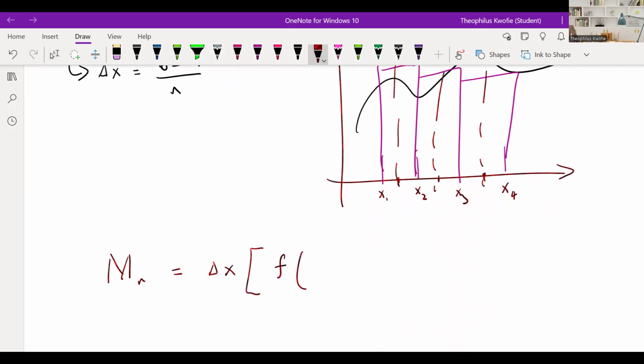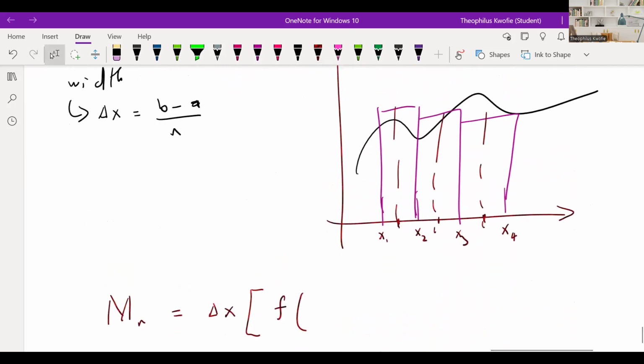Now, remember, we are going to evaluate the function. Suppose this is my A1. Let me have another rectangle here.